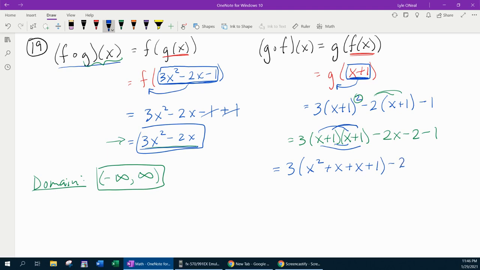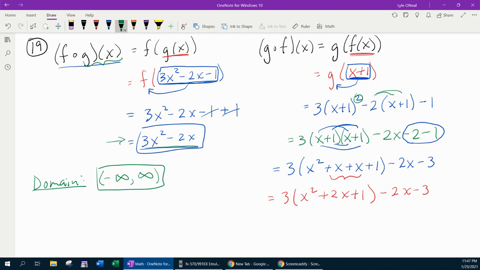And then minus 2x comes down, and I'm going to go ahead and combine like terms at the back. Next step, we're going to combine like terms in the parentheses. So we're going to have x squared plus 2x plus 1 minus 2x minus 3.